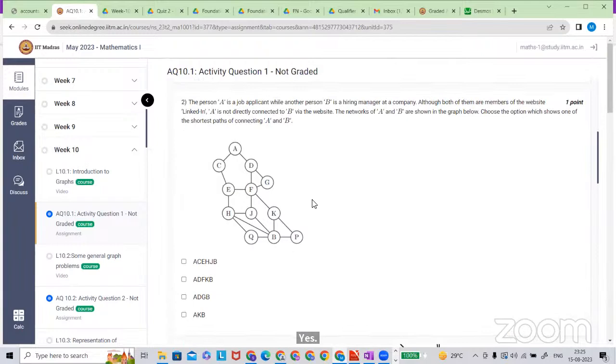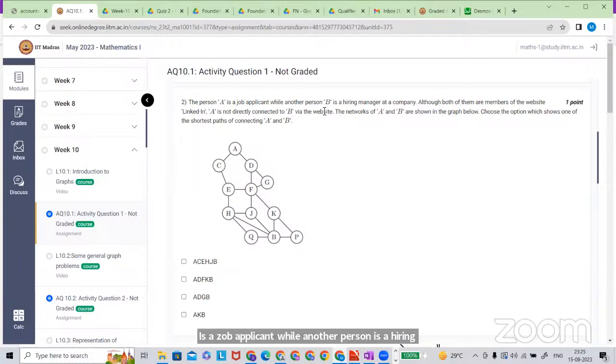What's your doubt here? Can you please explain the question? A person A is a job applicant while another person B is a hiring manager at a company.